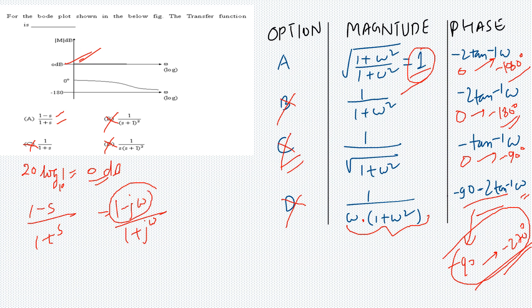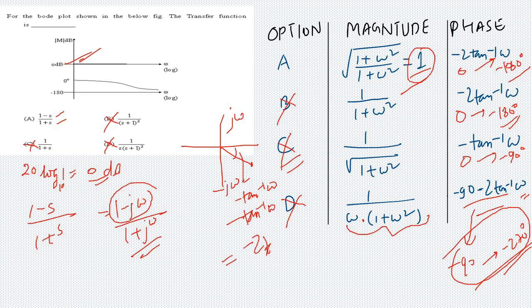The numerator you can consider a complex number lying in the fourth quadrant, so it contributes minus tan inverse of omega, and the denominator also contributes minus tan inverse of omega, so it is minus 2 tan inverse of omega. Hence we get the phase as minus 2 tan inverse of omega, so A is the correct option for this question.